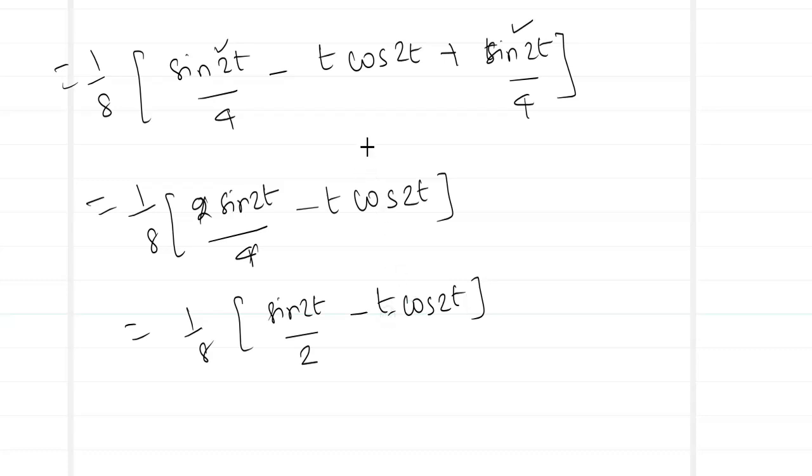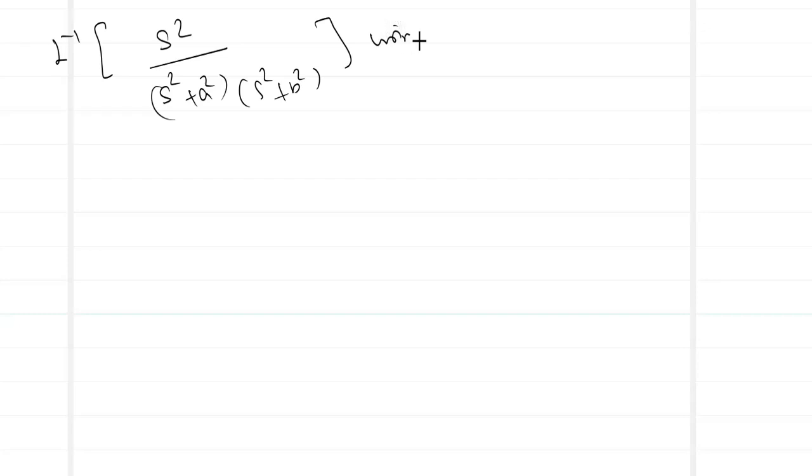Now let us complete the session with one more problem. Find Laplace inverse of s square divided by s square plus a square into s square plus b square using the convolution theorem.